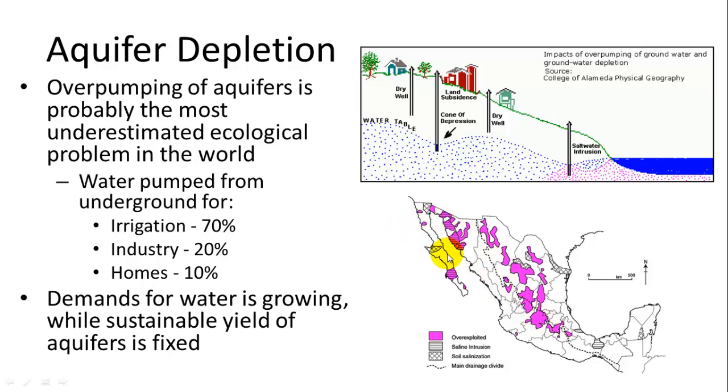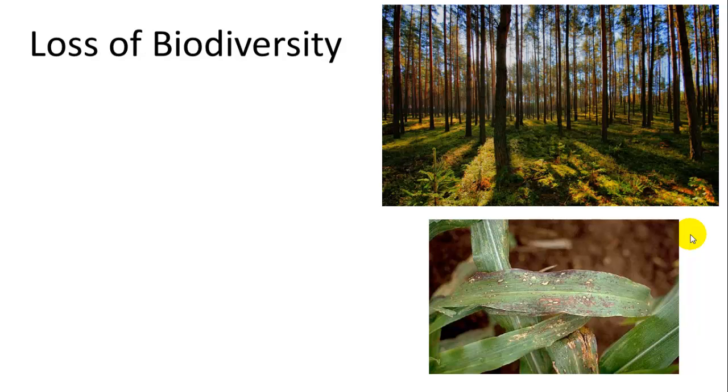This is showing aquifers in Mexico, those that are overexploited, those that have this problem of saline intrusion, and also the soil, which has increased in salinization because of that saltwater intrusion. This is a problem which affects the ability of plants to grow, since plants need those aquifers to stay hydrated.